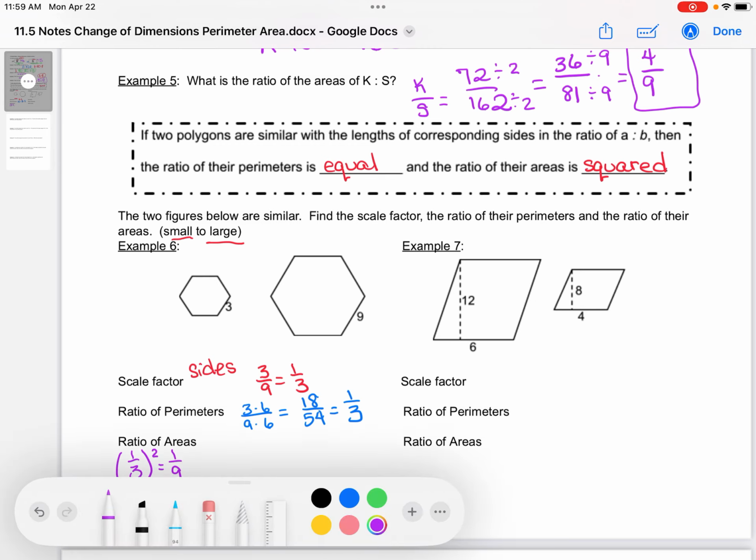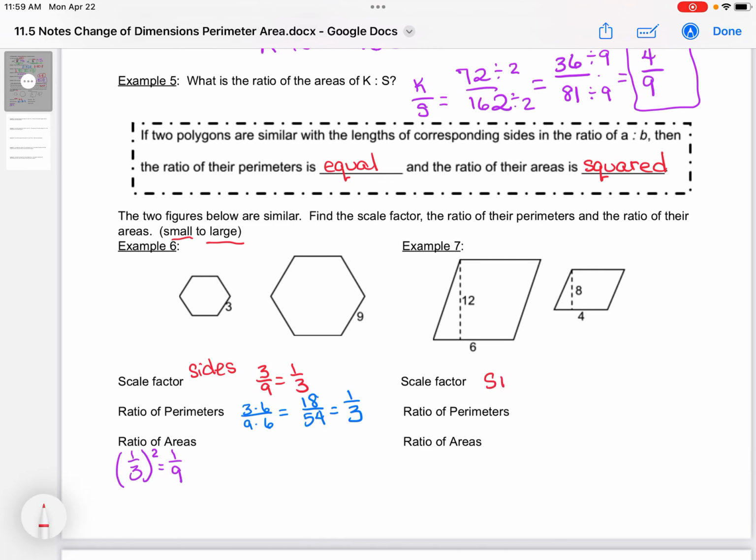All right. So the sides, remember we're going small to large. So I'm going to go 4 to 6, which is 2/3 again. Or I could do 8 to 12, even though it's not a side, it's the height. And it's also 2/3.